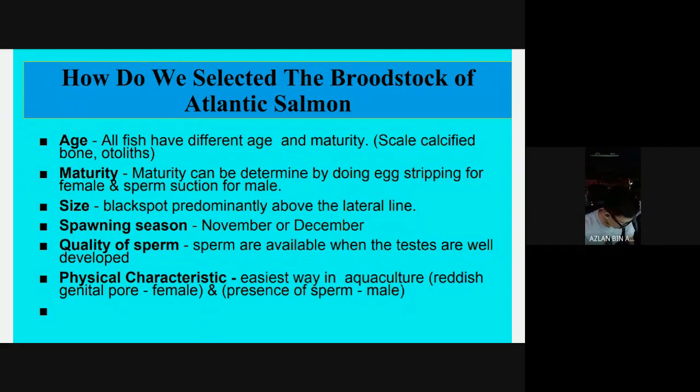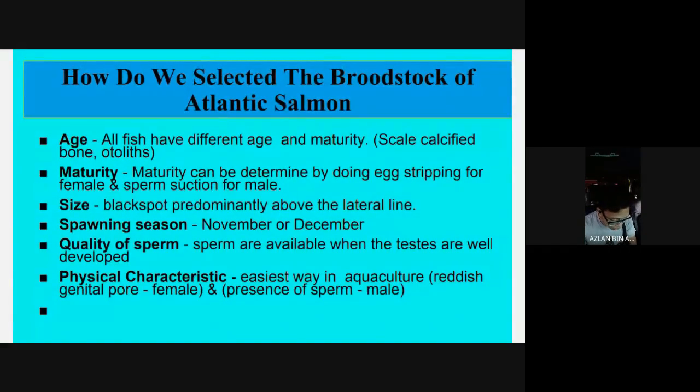Okay, the third one is size. And how do we determine the size? The easiest way to determine the adult size is by looking at the black spots predominantly above the lateral line.